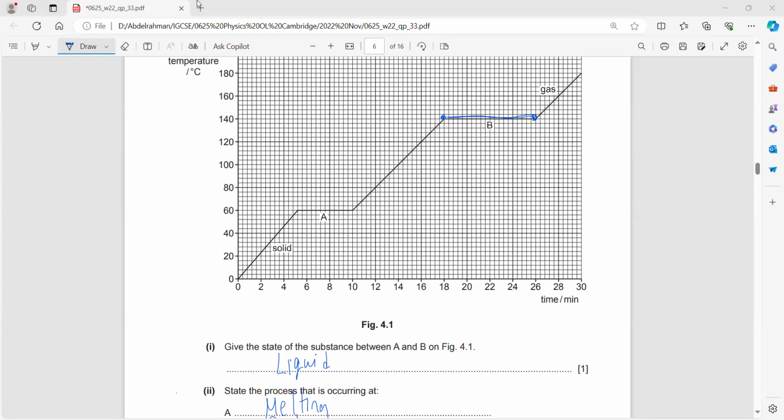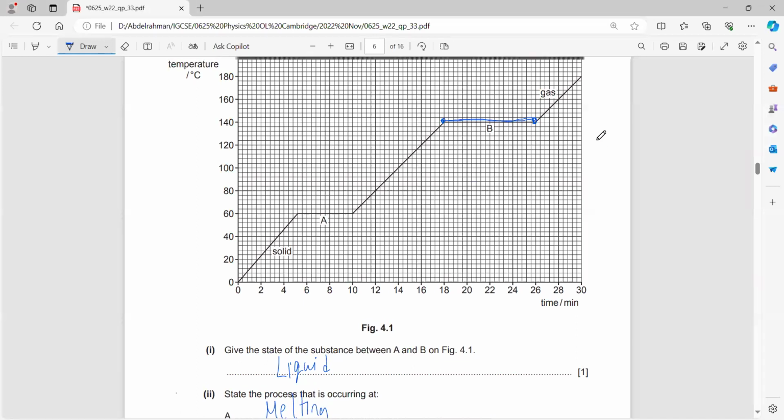Overall it will be steeper, but points A and B will also be constant straight lines. Initially it will start at the same temperature.